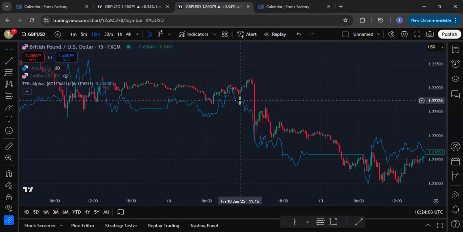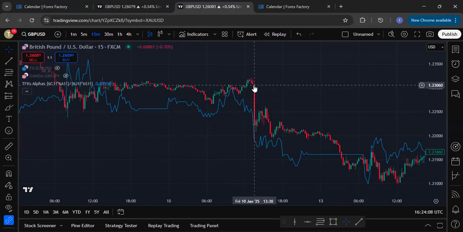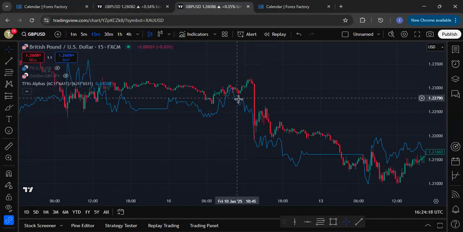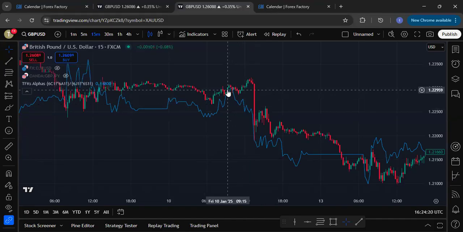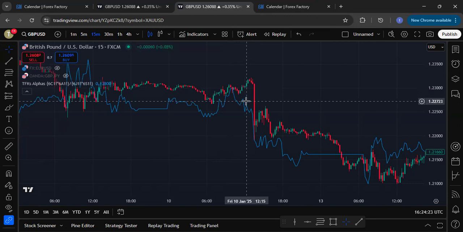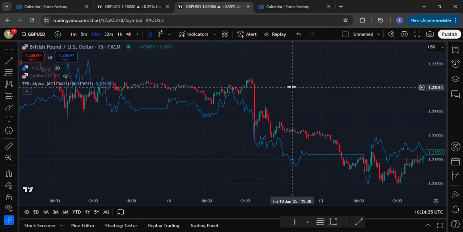When it forms one line, you could see it going down before the NFP. This is the NFP at 13:30, Friday the 10th, that was last month. The price actually sold because we could see that the interest rate has been going down. The GBP is losing and the US 10-year is actually gaining. What this means in a practical way is a lot of people are moving the money they profited from the interest rate of GBP and putting it in the US.